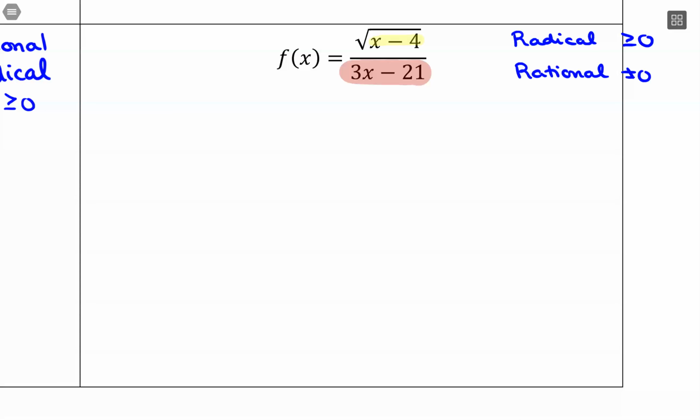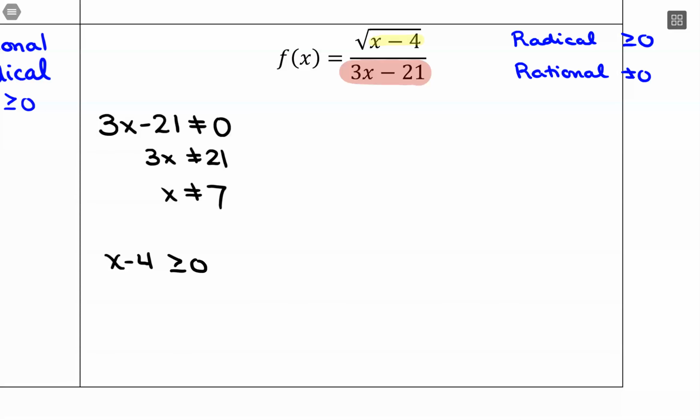So let's take care of the denominator piece first, just figure out what we can't equal. So 3x minus 21 cannot be 0. So 3x cannot be 21, divide by 3, so x cannot be equal to 7. At the same time, x minus 4 needs to be more than or equal to 0.